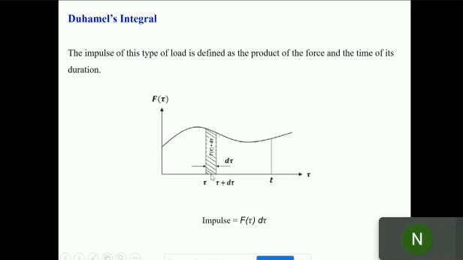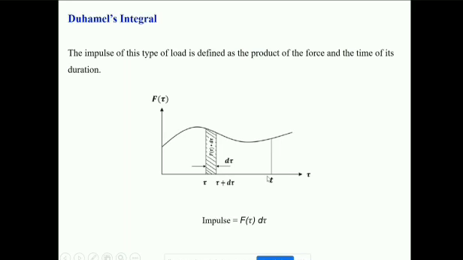If we are interested in getting the response at time t, that free vibration after an interval of t minus tau should be calculated. Then only we will get the response for this strip.